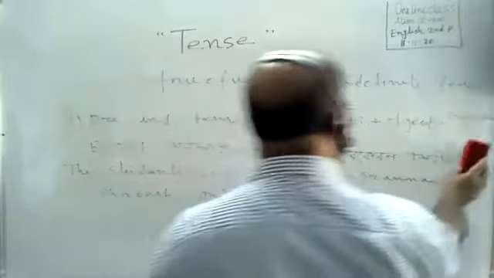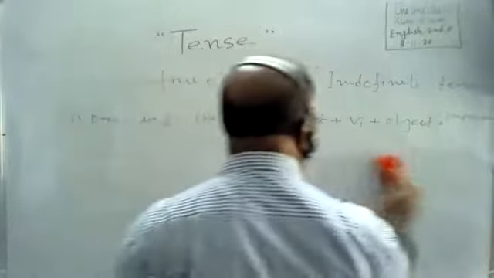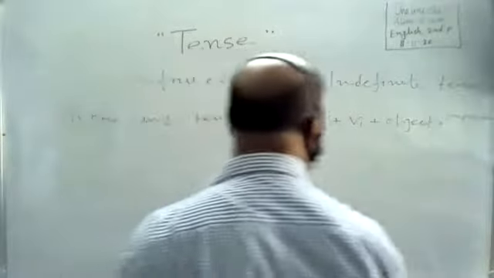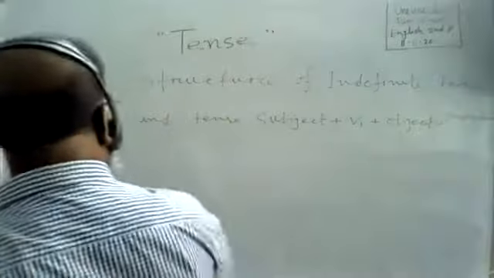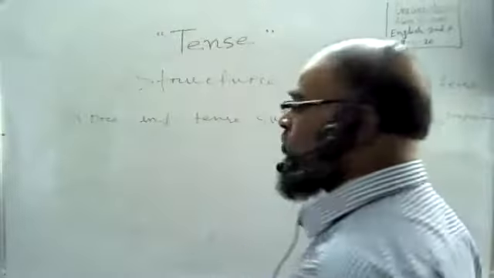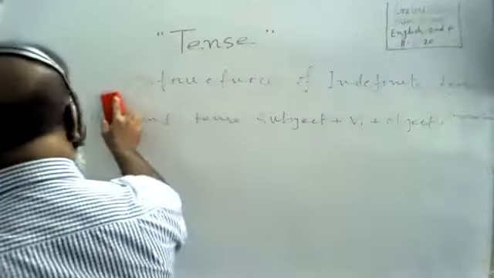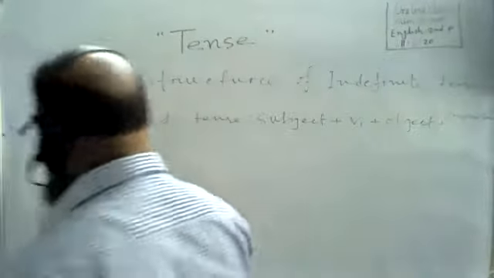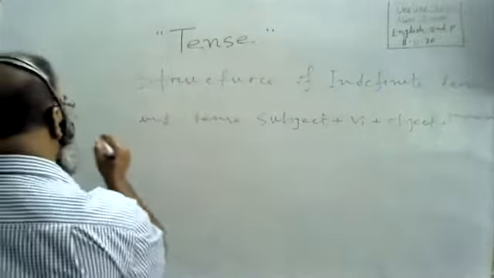So if you learn comparatively, I told you that you have to learn comparatively, then you can learn perfectly. Comparatively, তুলনামূলক, তুলনা করে যদি তুমি শেখো, this is a fruitful way. So present indefinite structure, then past indefinite.